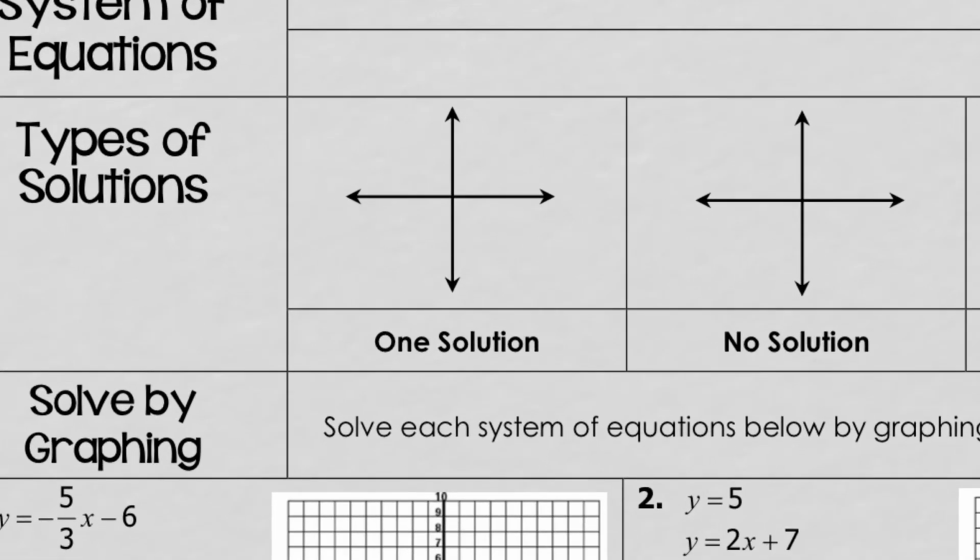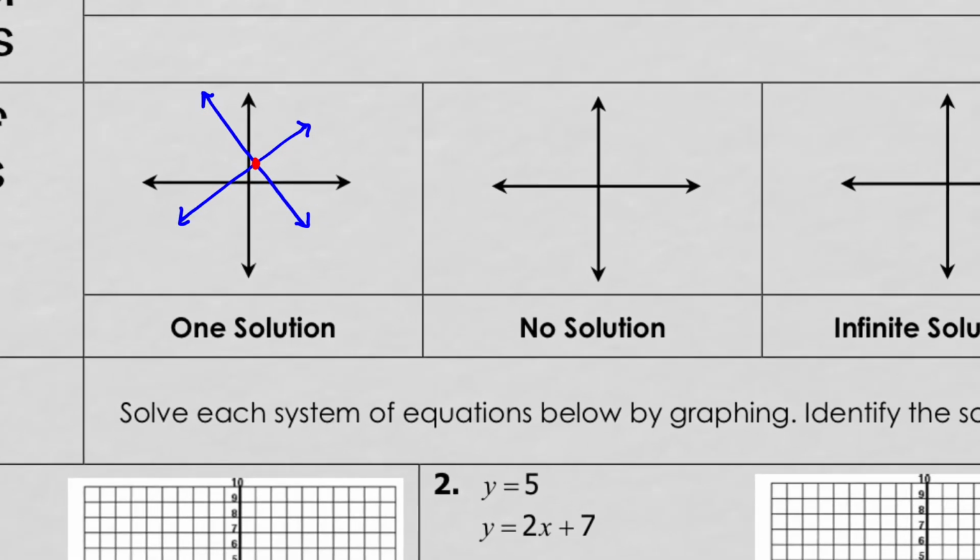One solution is going to have two lines, and they are going to intersect at one point. So there's one solution to this system. Okay? If we have no solutions, again, we're going to have two lines.